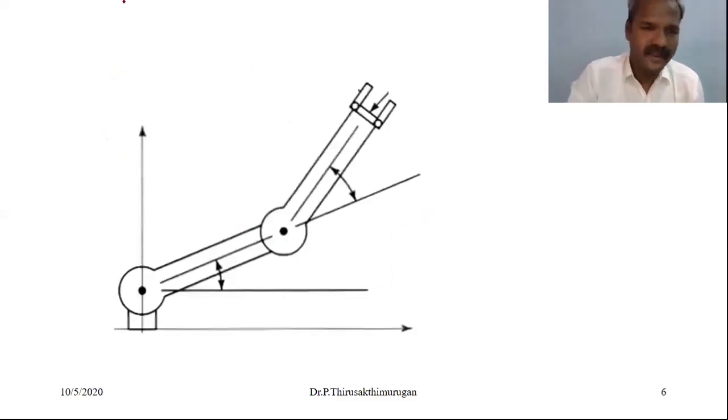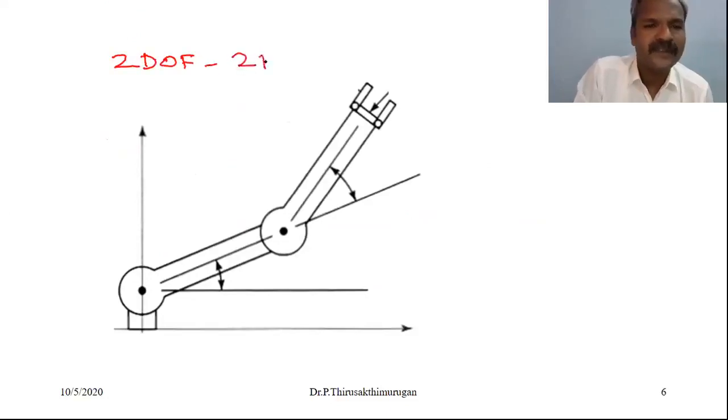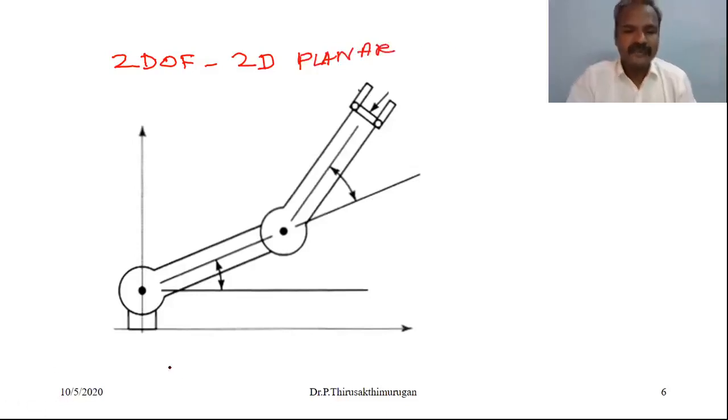So let's see with some example. So this is a 2 degree of freedom, 2-dimensional robo, that is a planar robo. Say this is the x-axis. This is the y-axis.